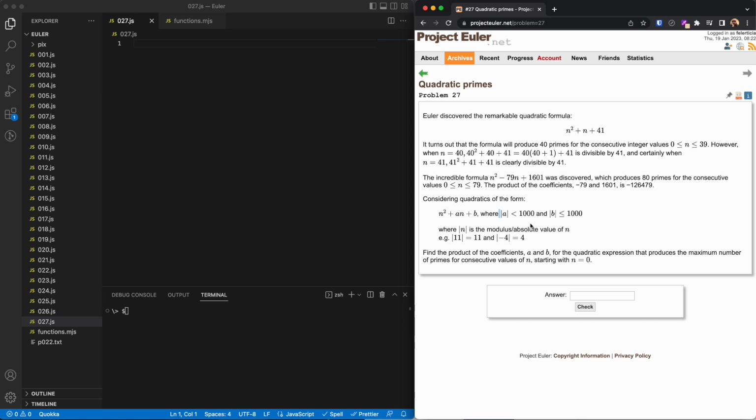So let's get to the code. I would have three different variables. One is the candidate number that we found, one is the a that we have found, and one is the b that we have found. So now I need to have these for loops.